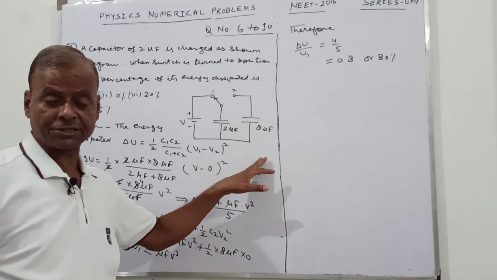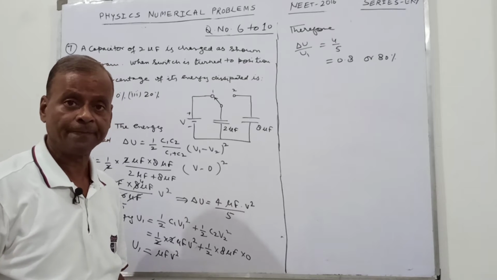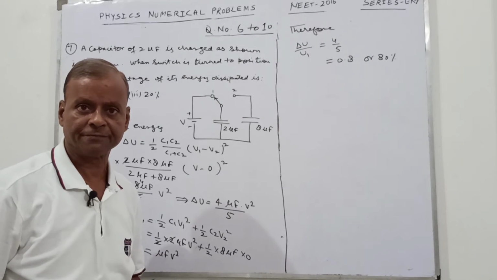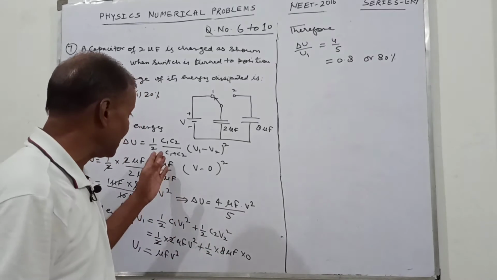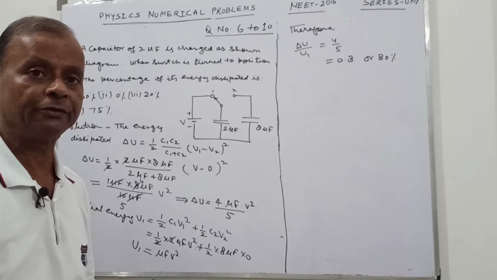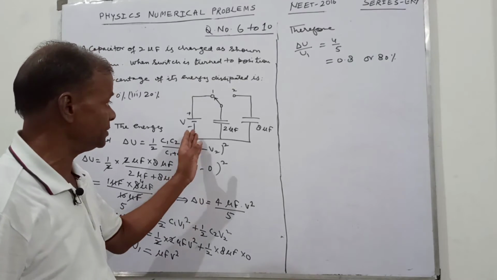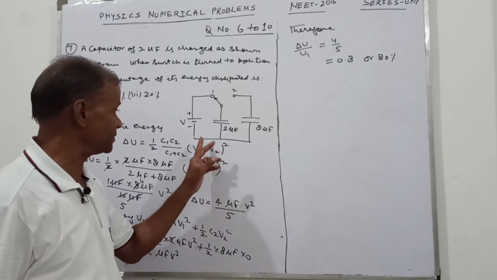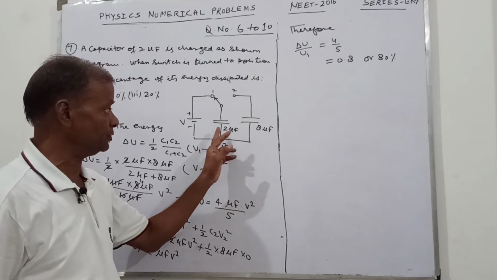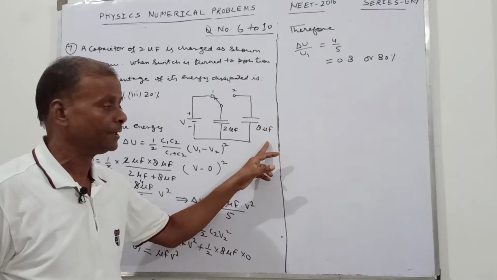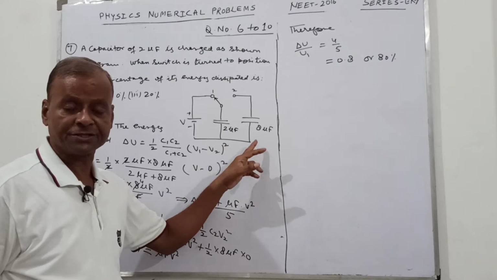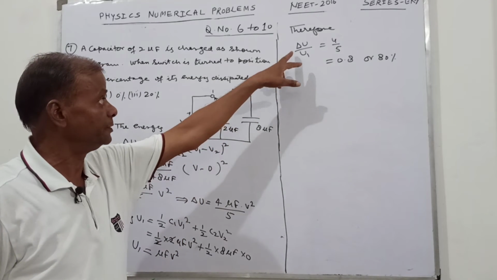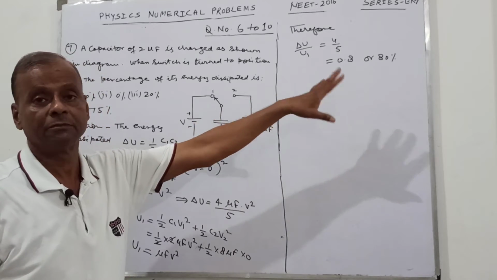I have told you such kind of question earlier also, but there these two capacitors were of the same capacitance. So either you find like this one or you can find by another way also. First you find the initial energy just like this and then the final energy, just by having this common potential V for both of these two, and then find the difference, that will give you delta U, and then divide by initial energy, so that will give you delta U upon U1, and then find the percentage.